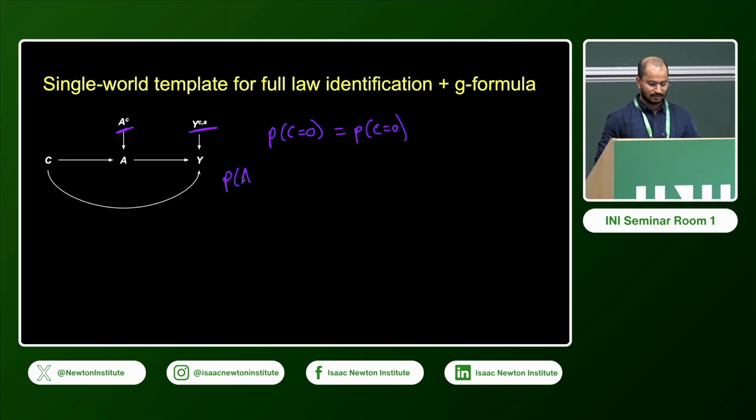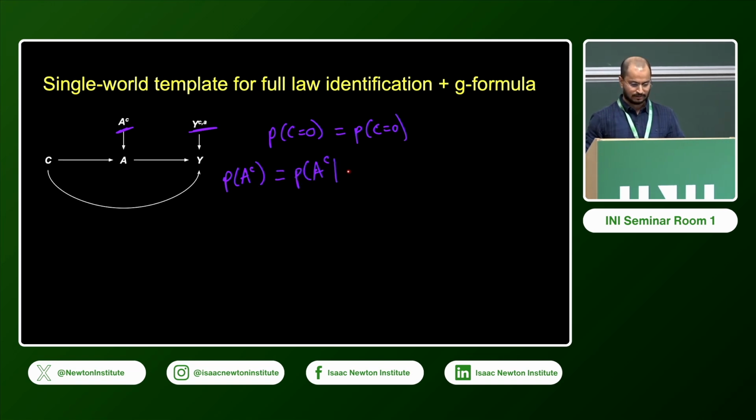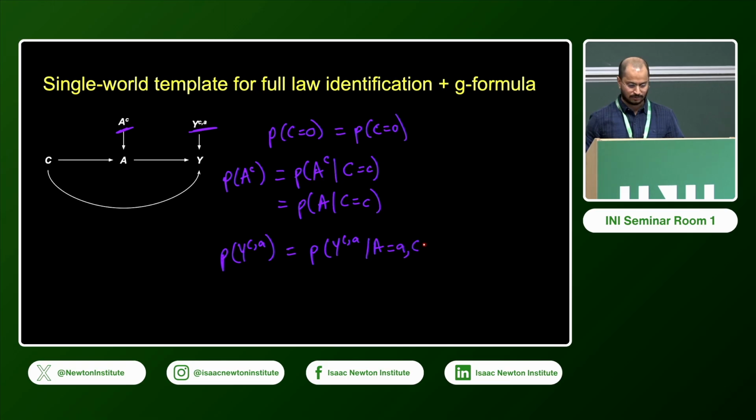P(A_c), by independence, is equal to P(A_c given C = c), and then by consistency this is just equal to P(A given C = c). Then you have P(Y_{c,a}), which, again by independence, is P(Y_{c,a} given A = a, C = c), and that is equal to P(Y given A = a and C = c).